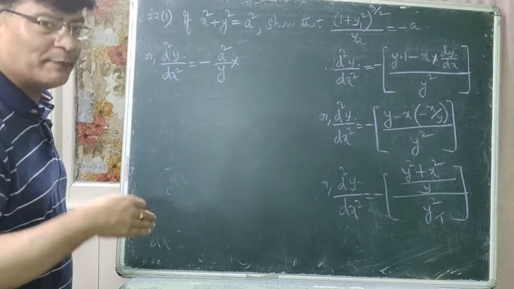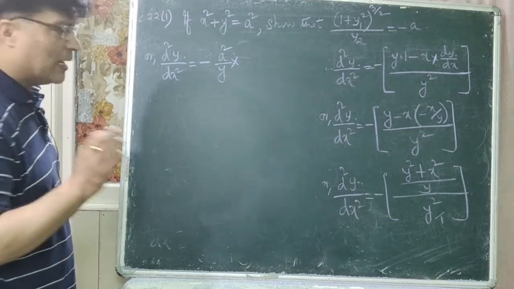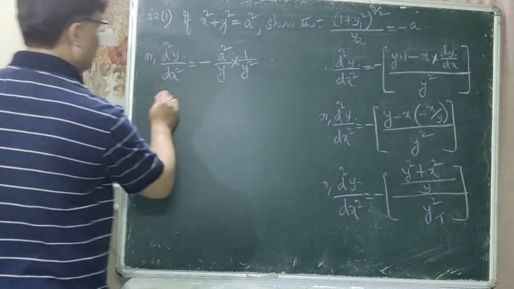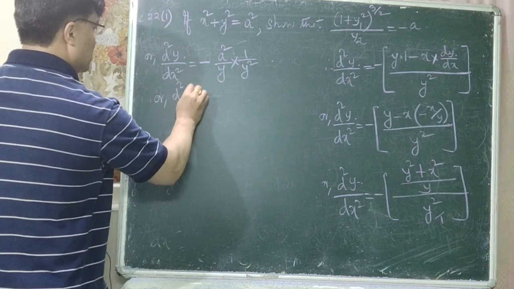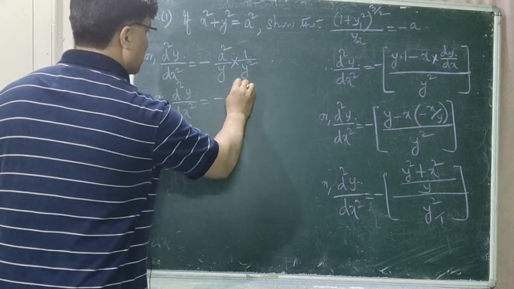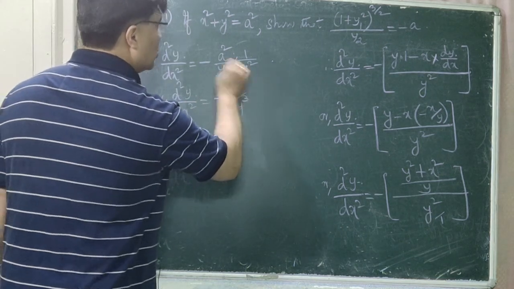So when it goes up in the numerator, it becomes upside down. So you can write into 1 upon y square. So it is d2y by dx square is equal to minus a square by y cube.